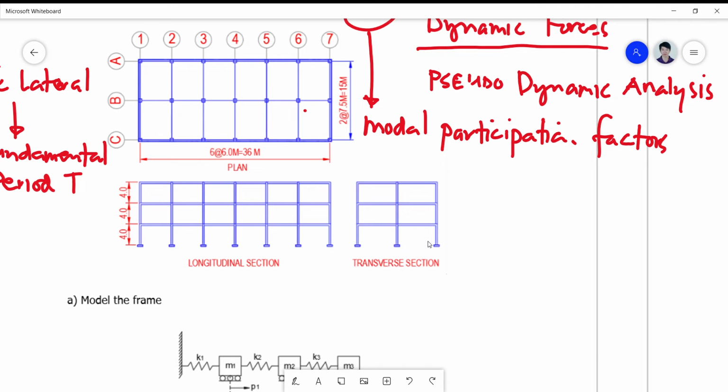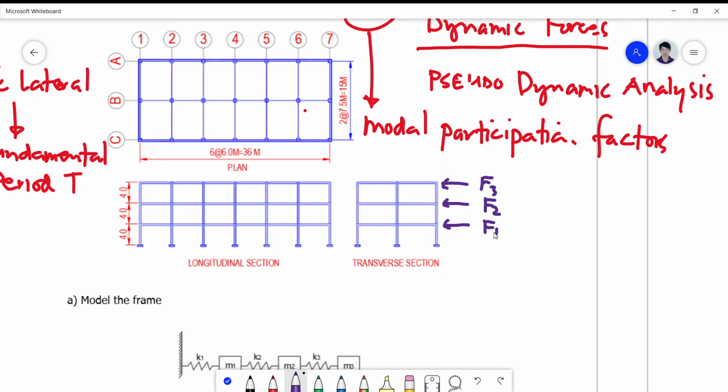Okay, so we ought to compute for the forces that can be placed horizontally at each floor. Okay, so these are now the unknown forces, F3, F2, F1, that we need to solve.